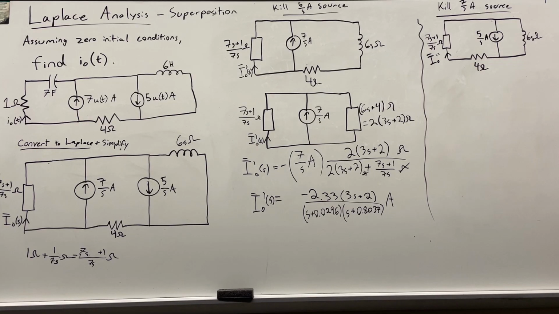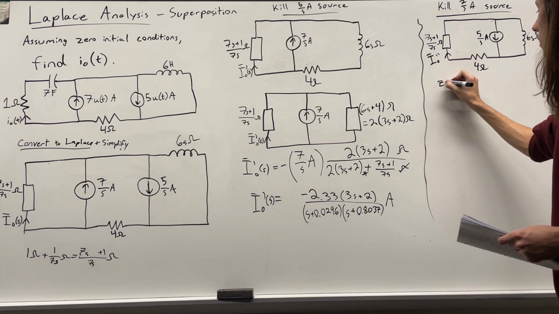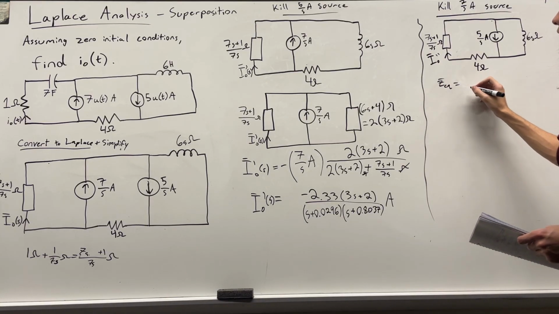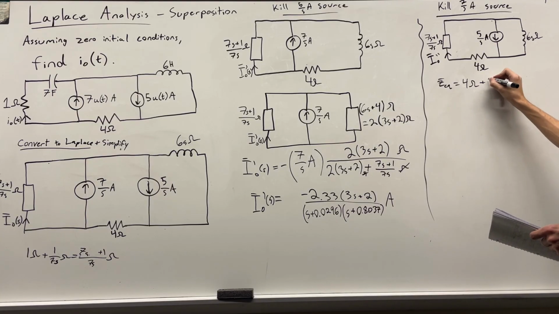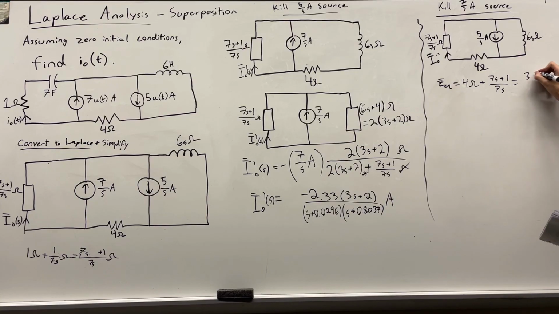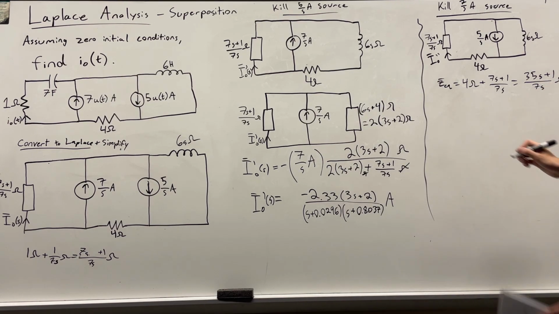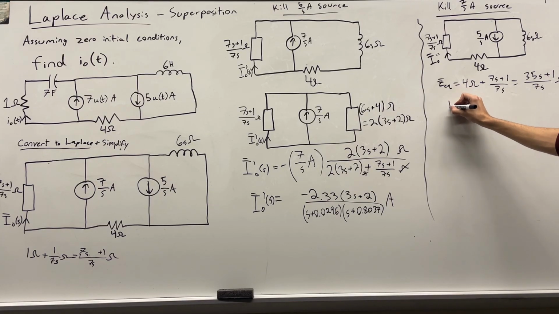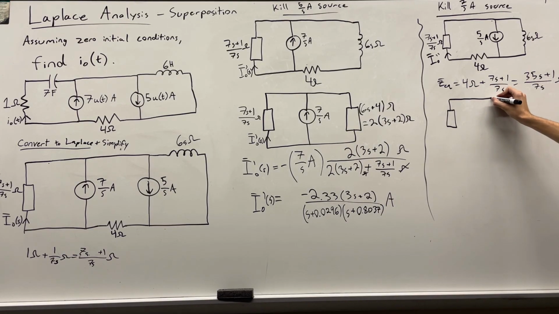And doing that gives a combined impedance of 35S plus 1 over 7S ohms. We can redraw the circuit. There'll again be another current divider.